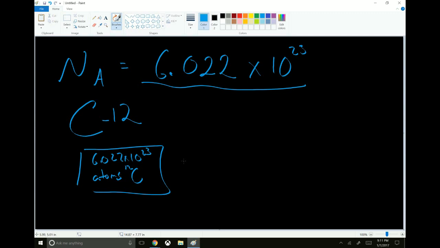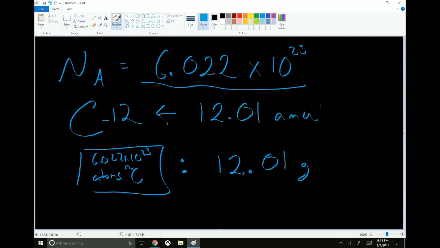Then it will have a mass of 12.01 grams. And if you look at your periodic table, you'll see that the average mass of carbon is 12.01 atomic mass units. So that makes me realize I've screwed up. It's not carbon-12, it's just average carbon. If it had been carbon-12, then the mass would be exactly 12 grams.